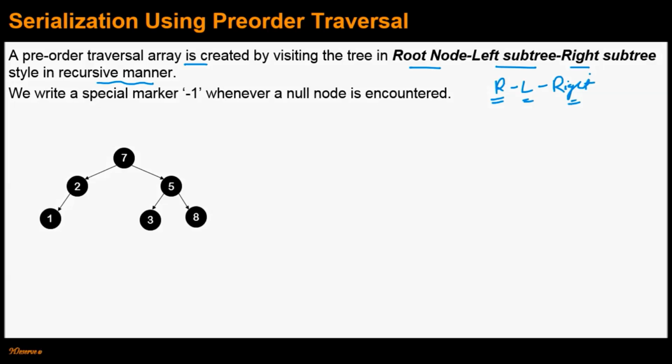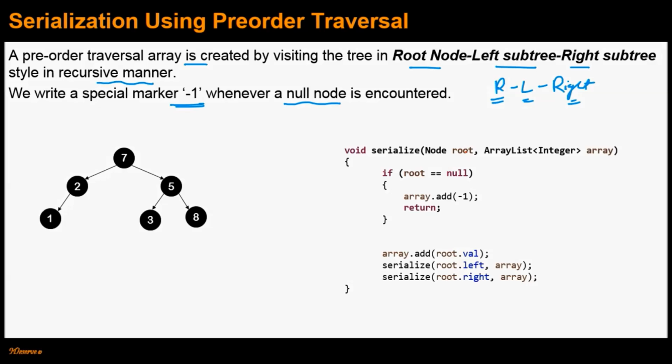One more thing that we are going to do while serializing the given binary tree is that we are going to write a special marker of -1 to indicate that we have visited a null node. The code that implements this serialization process is this particular code. Here we are doing a pre-order traversal, right? We are first visiting the root node and writing its value to the array.